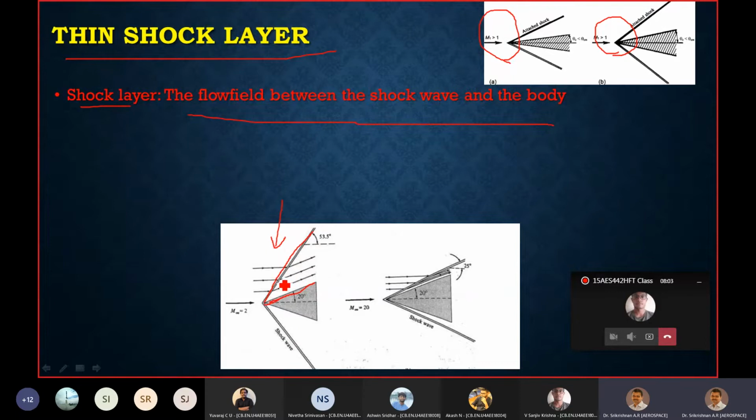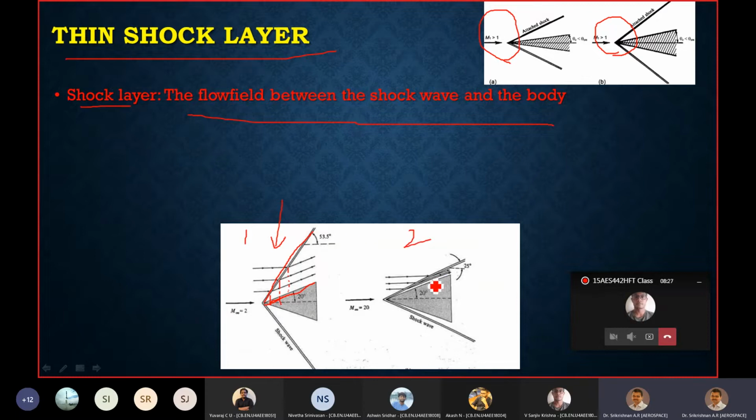So at any given section, the shock layer is this. If I'm looking at this section, this is the shock layer, and here it is this, and similarly like this. So the shock layer is the region between the shock wave and the surface of the body. Okay, so here in the second picture, this is 1 and this is 2.